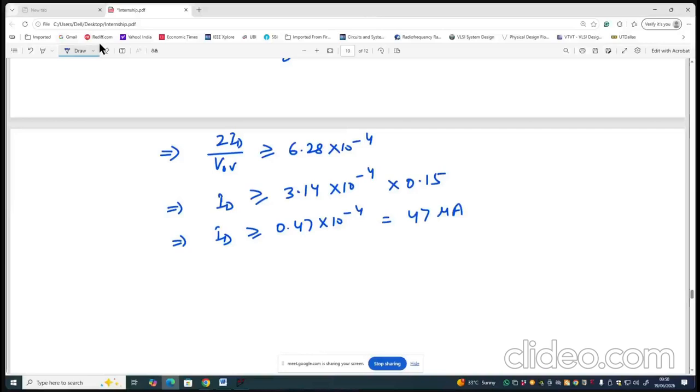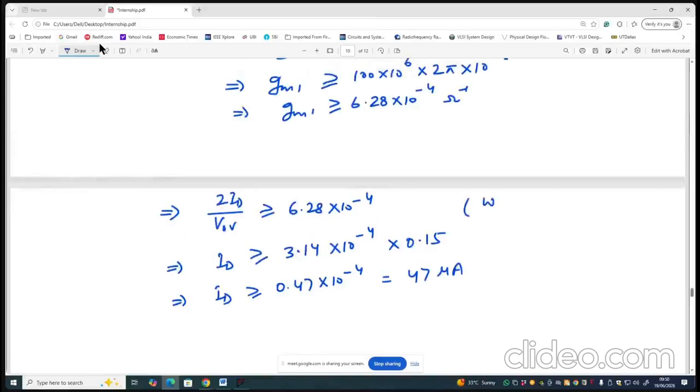From the power dissipation requirement, ID shall be less than 100 microampere. And you shall remember that here we are taking VOV equal to 150 millivolt. This we will use to size the transistor.